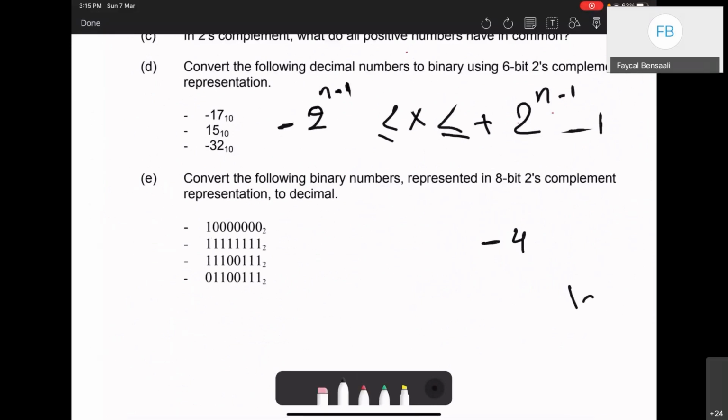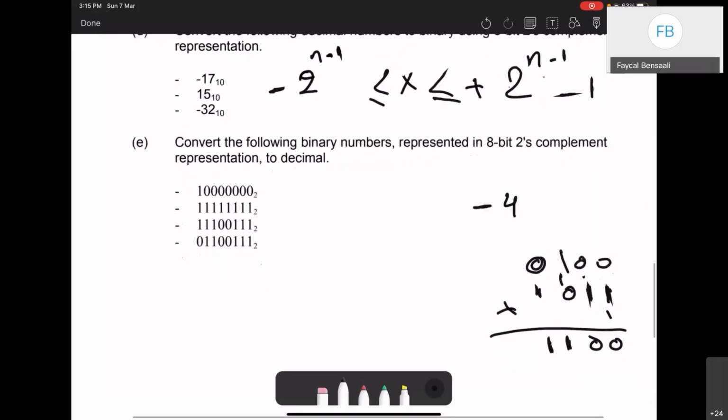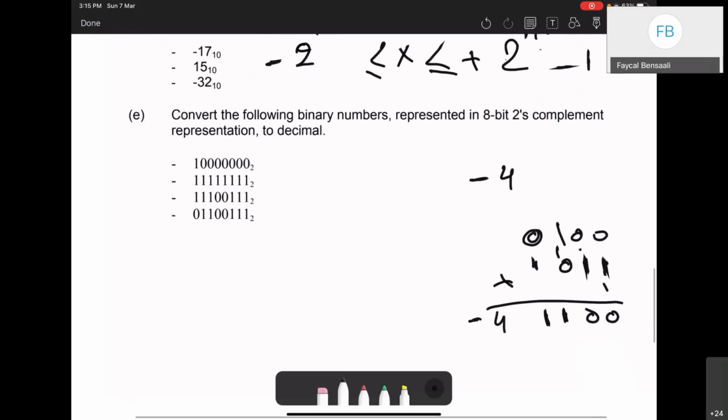So this is 4 using 4 bits, and then we get the ones complement. This is minus 4, right? So this is clear using 4 bits.